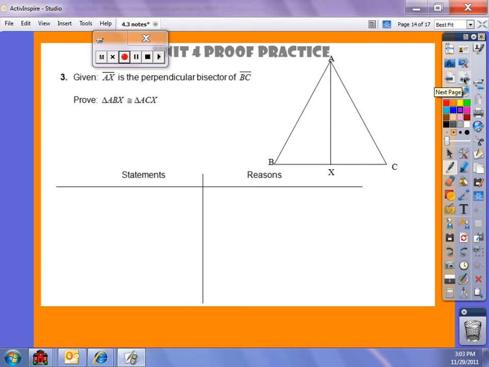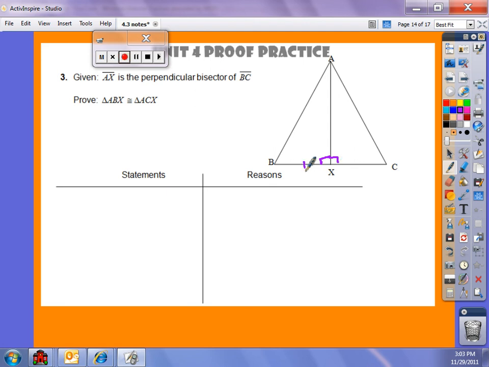This one says AX is the perpendicular bisector of BC. So this one, a lot of it isn't explicitly written out for us. We have to come up with some of this on our own. Well, if AX, this segment right here, is the perpendicular bisector of this segment, that means I know two things. I know that it's perpendicular, so these guys are right angles. So those are congruent angles.